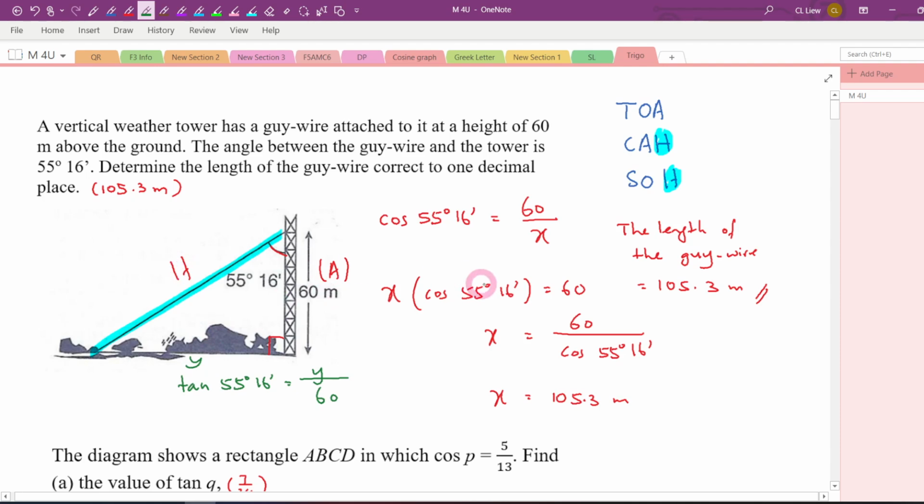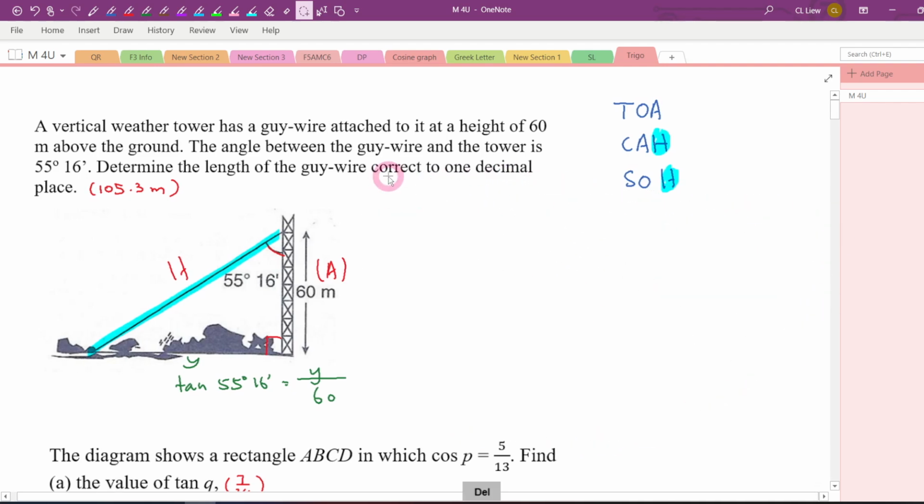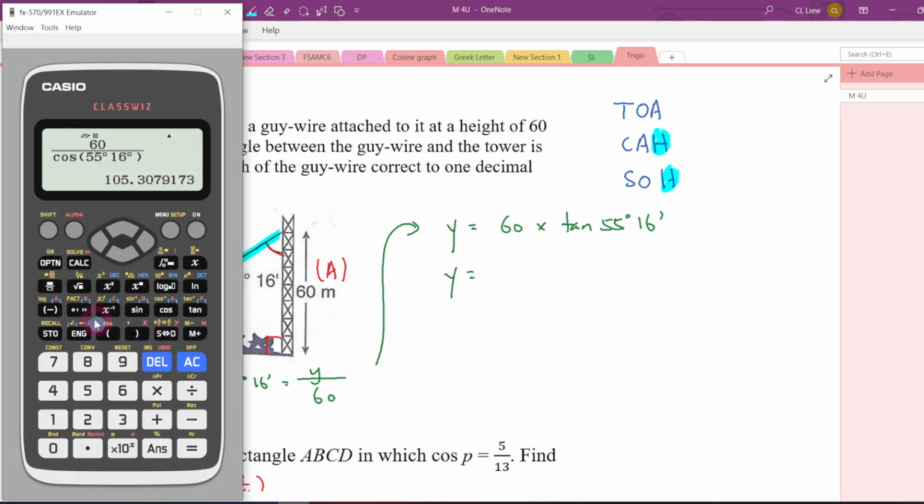Now let me show you. Let's say you don't want to use cosine, you want to use tangent. So y is equal to 60 times tangent 55 degrees 16 minutes.